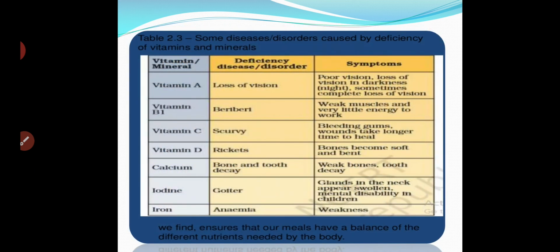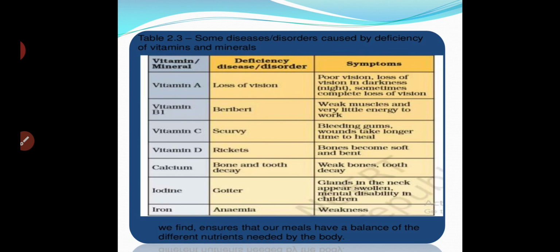So, this is the chart which shows what diseases we get because of which deficiency. For example, if there is a loss of vitamin A, there will be a loss of vision, and the symptoms are poor vision, loss of vision in darkness, sometimes night blindness, sometimes complete blindness.